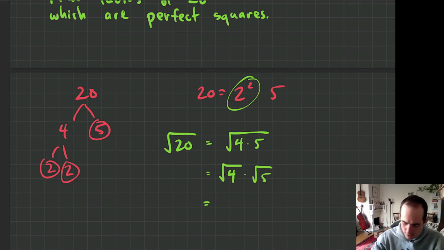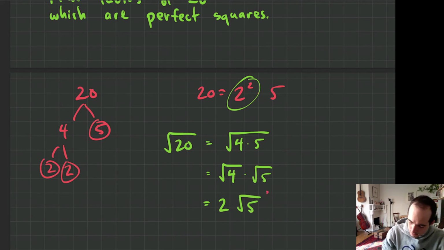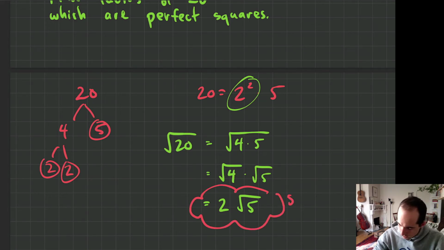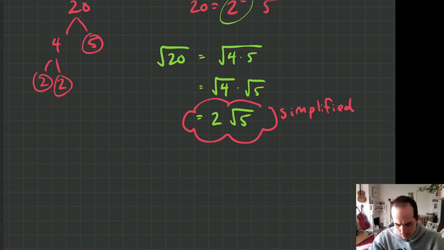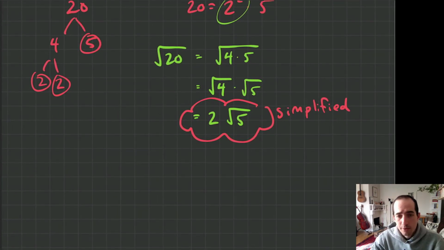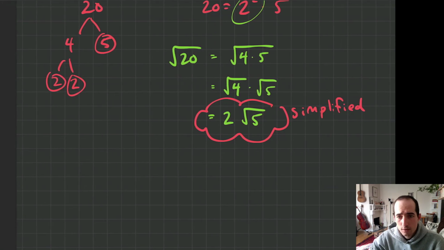The square root of 4 is just 2, so this is 2 times the square root of 5. And this right here is simplified. Okay? I wonder if you can see that with my head in the way. There we go. So that's what I want you to do when I want you to simplify a radical.